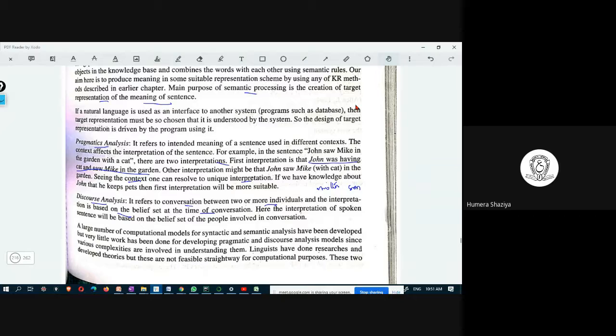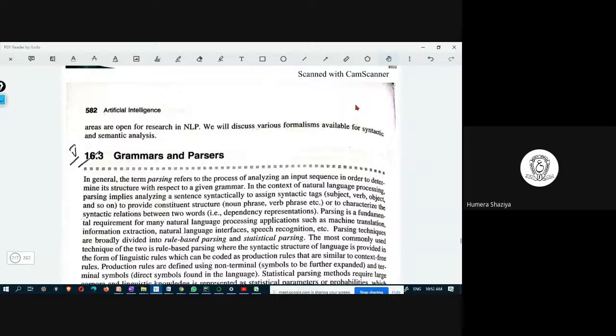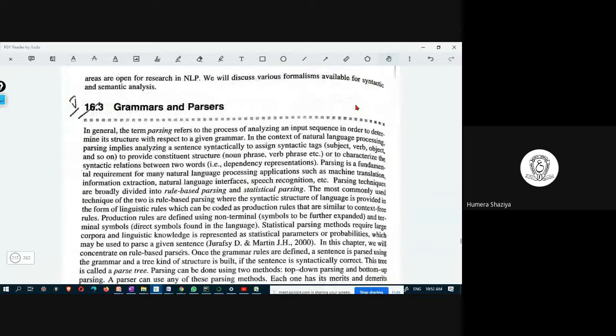But it's not that simple. It's not a very straightforward sentence. It has some meaning with respect to the time, with respect to who is speaking and who is listening. So incorporating all these things in a machine is quite a big task and a very complex and complicated task.